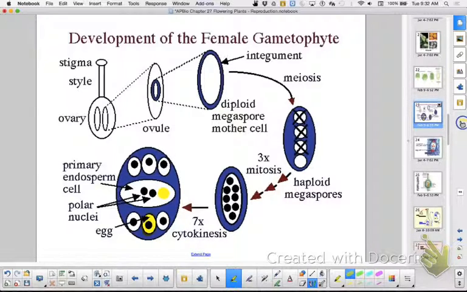Now, development of the new sporophyte. The pollen grain germinates and a tube cell nucleus will produce the pollen tube that grows down through the style to the embryo sac in the ovary. Double fertilization.